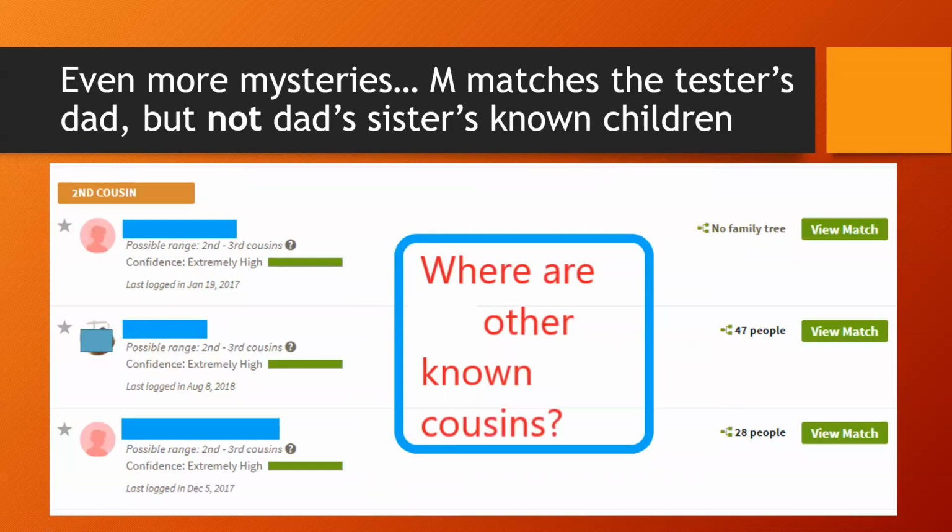There also is a missing group of people, those 3 first cousins who are related to dad through his sister, who are not here. That is a very crucial piece to solving this mystery.